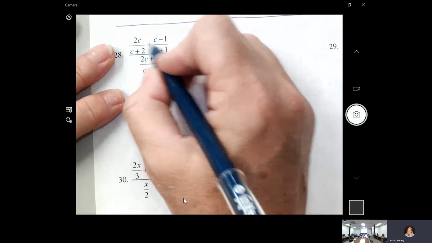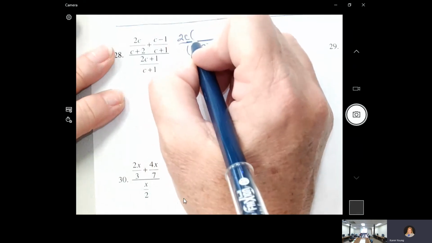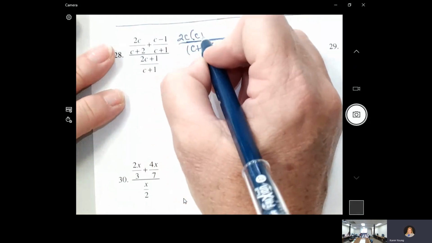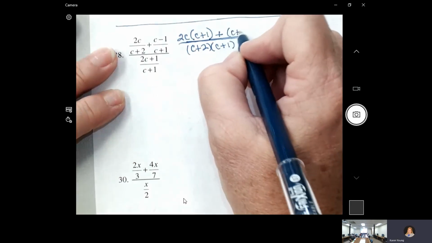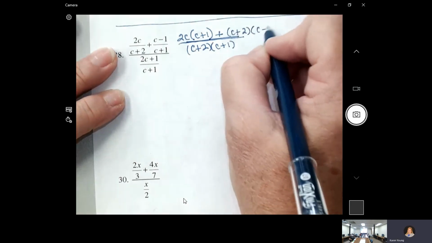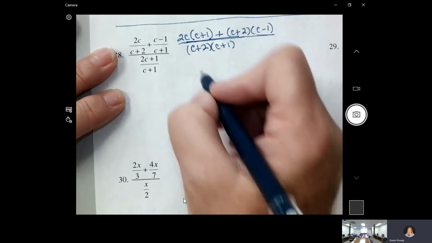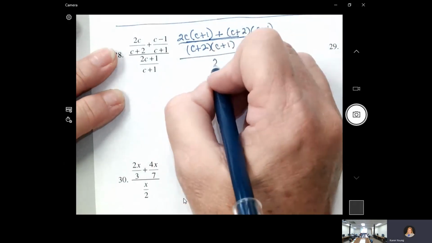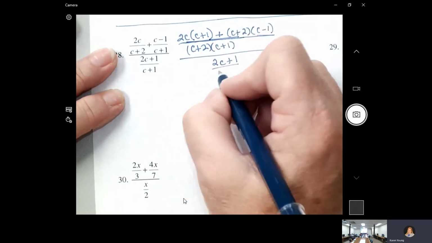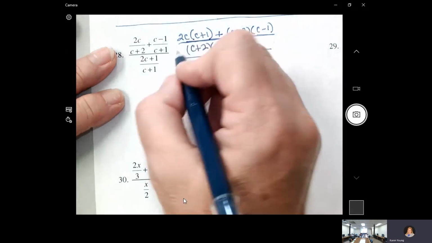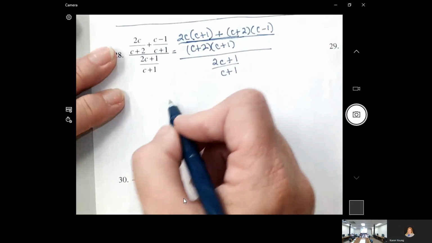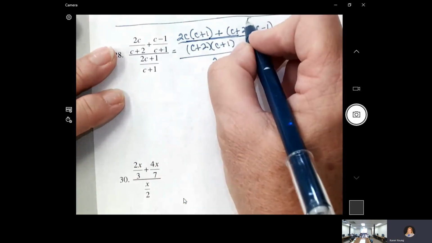All right, so 2 times the c plus 1, or 2c times the c plus 1. This one's plus, so c plus 2 times the c minus 1. Leave the denominator just like it is, that fraction down there. Then I'm going to distribute the top and then FOIL this other one.